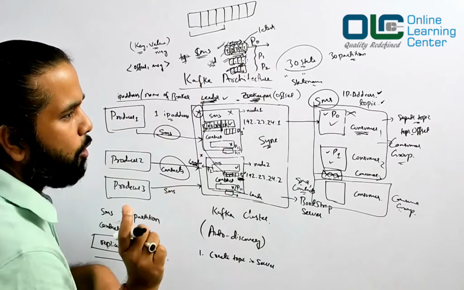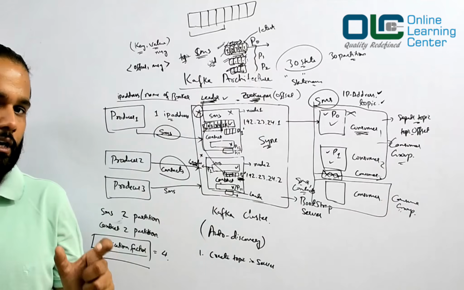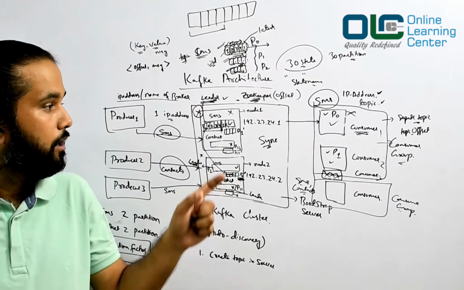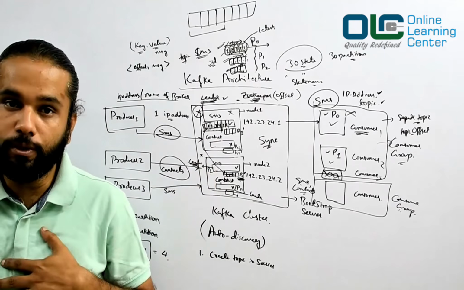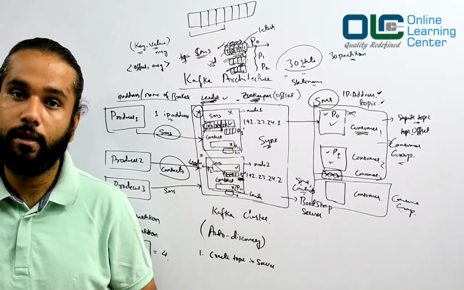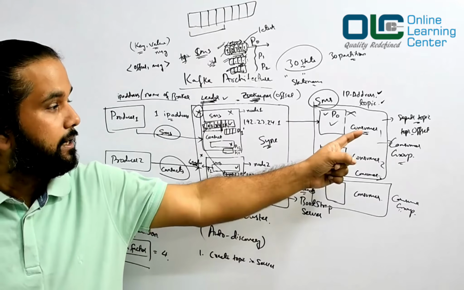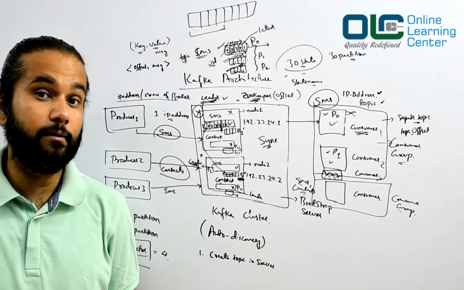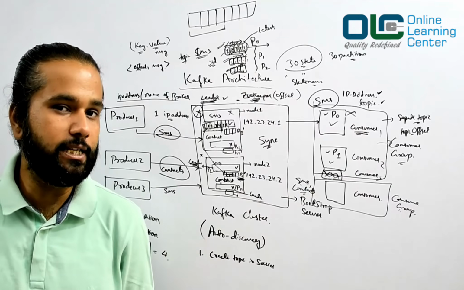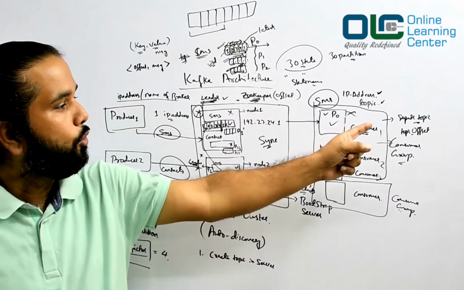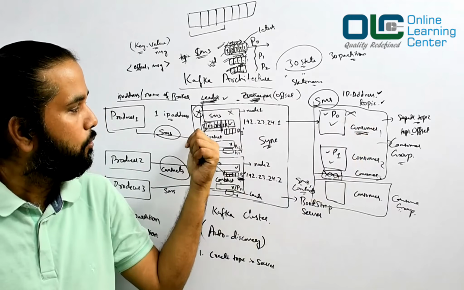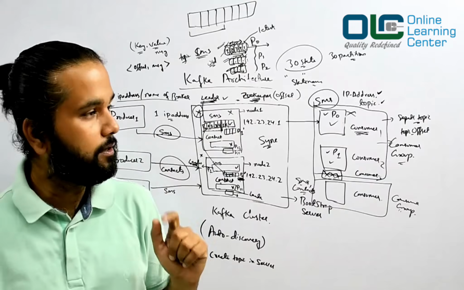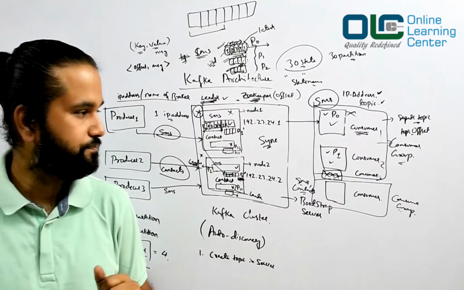So there is a separate, dedicated topic, which would be used by the consumer internally to keep track of what data I have consumed from a given partition. And any time that consumer fails, another consumer might replace it, and it can know the details of what was already processed by looking into this topic. That is something very, very important for you to understand.